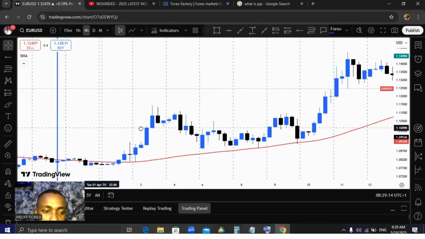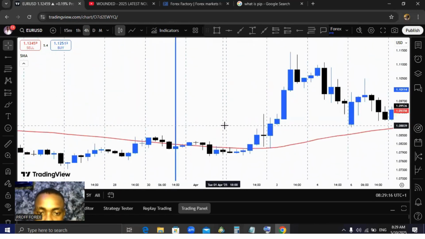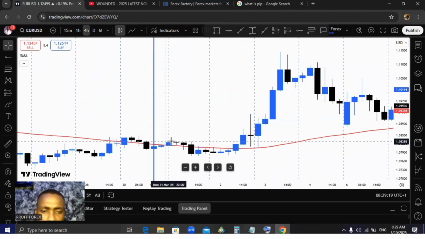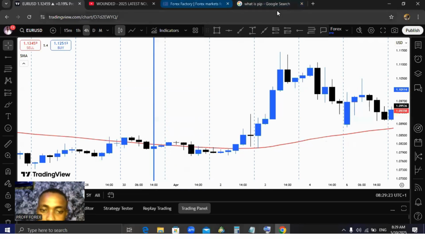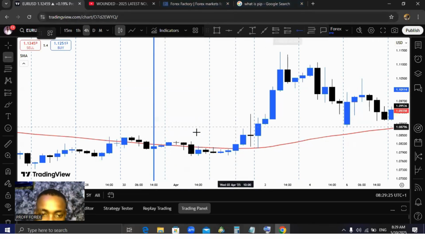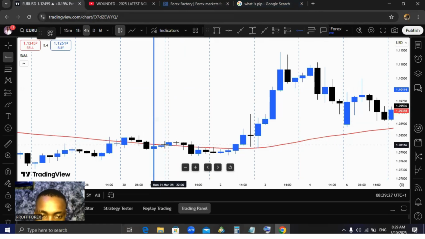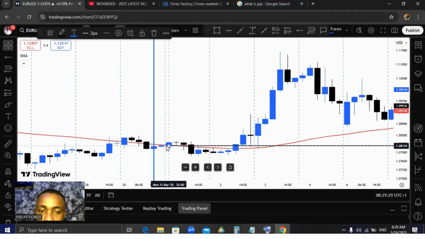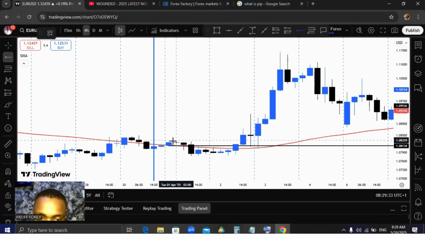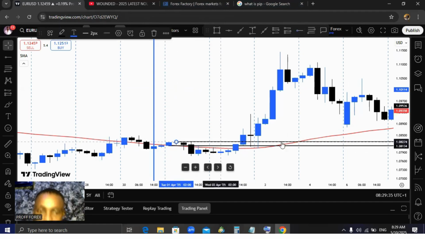So let's zoom it. As you can see, this is the first candle I put for the week. The move is lower than the second candle of the week. So we put in that, and this second candle is higher than it.